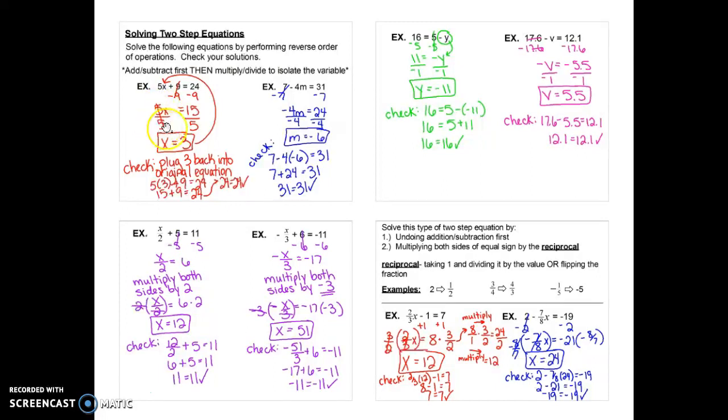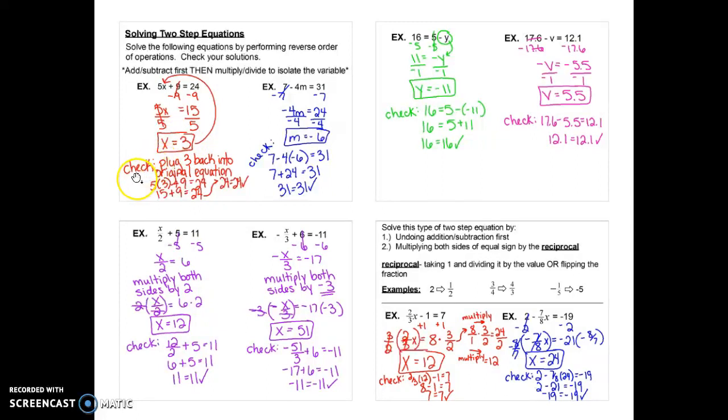So I divide here by 5 and the other side by 5 as well. Remember, whatever you do to one side of the equation, you need to always do to the other. So 5 divided by 5 is just 1x, or just x, equals 15 divided by 5, which is 3. So my final answer at this point is 3.